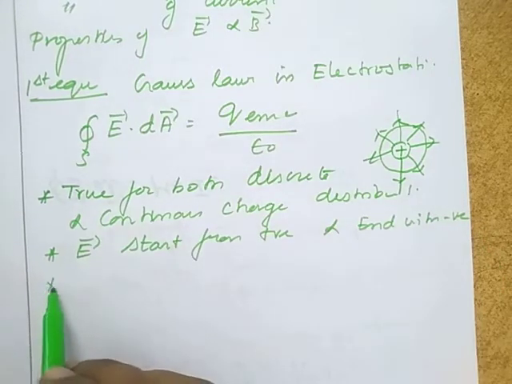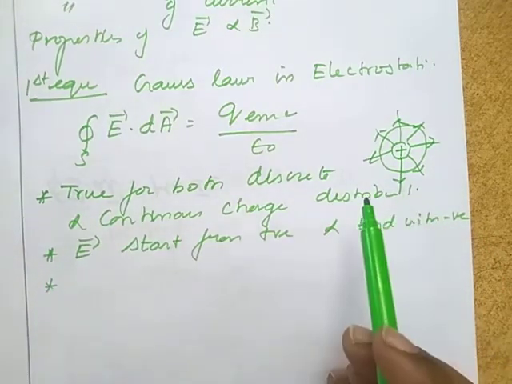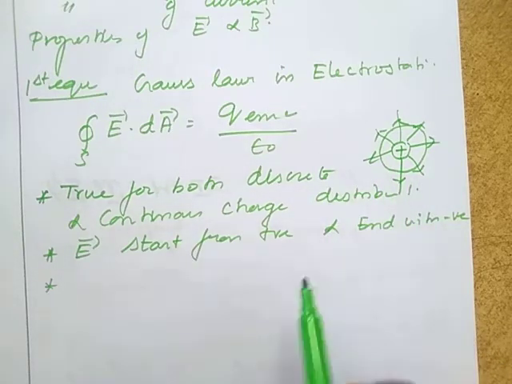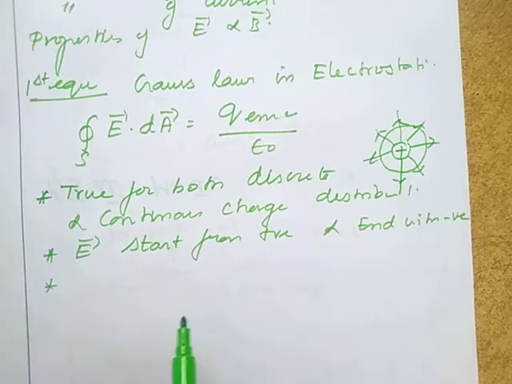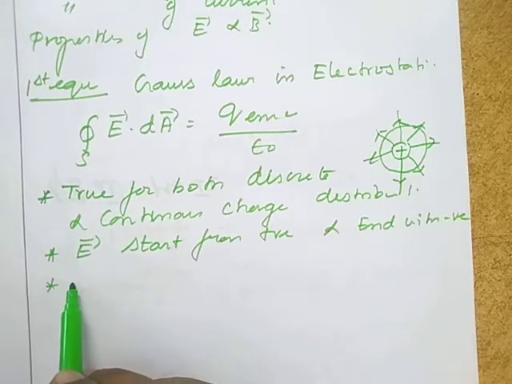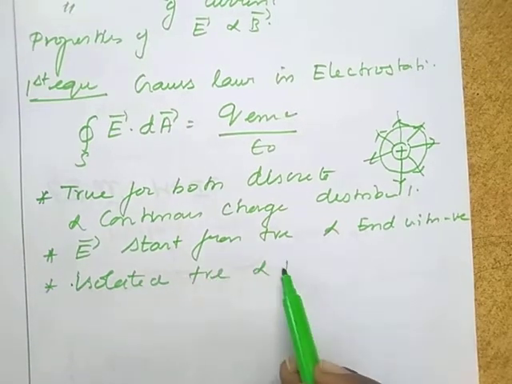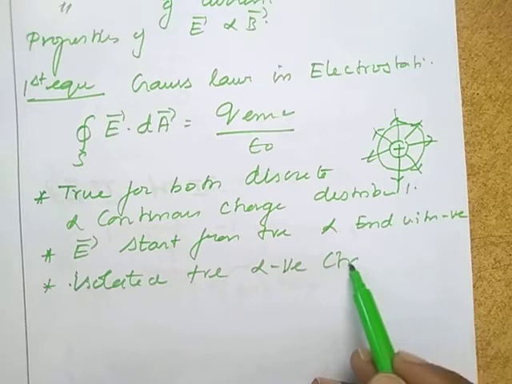Then this law implies that the electric field lines do not form a continuous closed path. So monocharge exists: isolated positive charge or isolated negative charge exists because the electric field lines do not form a closed path.